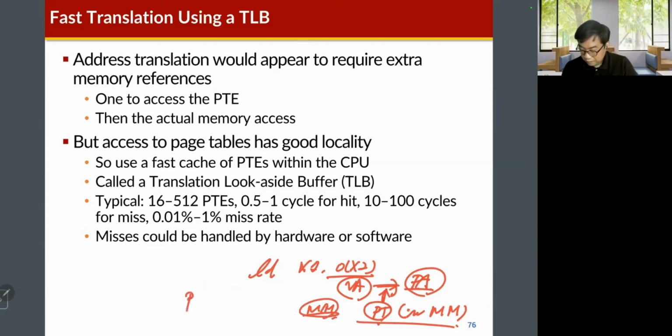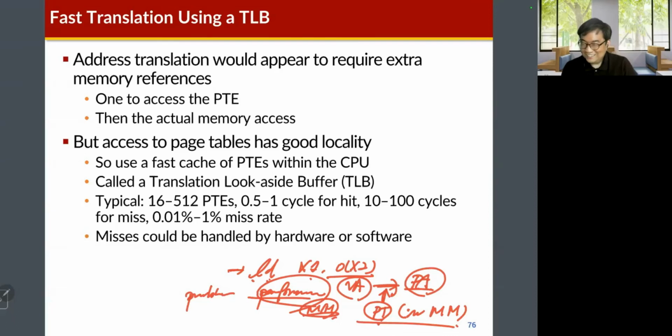Problem? Performance. Why do you use cache? Because main memory is slow. But the problem is that in order to use virtual memory, for every memory reference like a load instruction or store instruction, we need to access main memory for getting translation information from the page table.